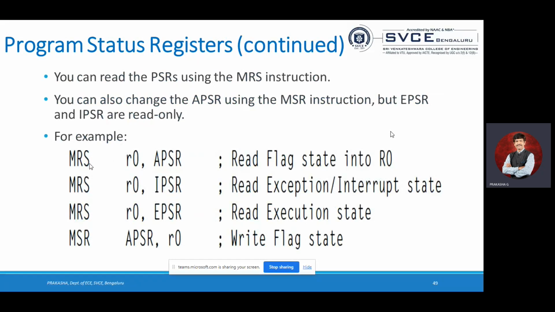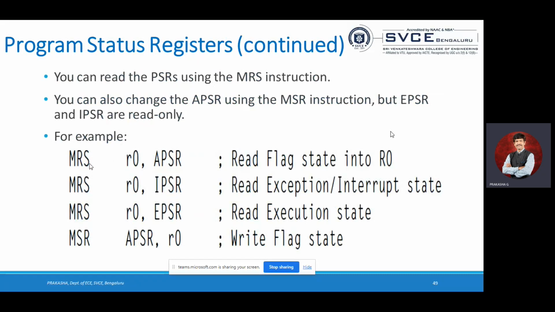APSR is a special purpose register, and in it I have the value 55. I can read it by using MRS. So what is there in APSR? The value of APSR will be dumped into R0. So now R0 will have the value 55.